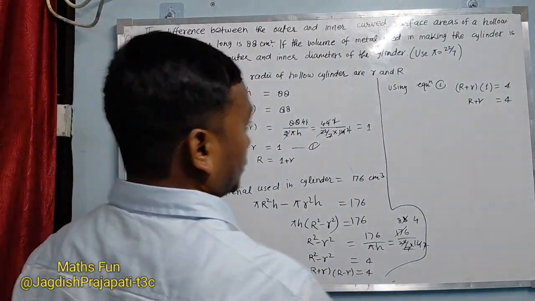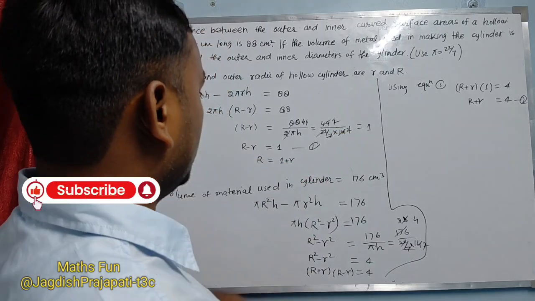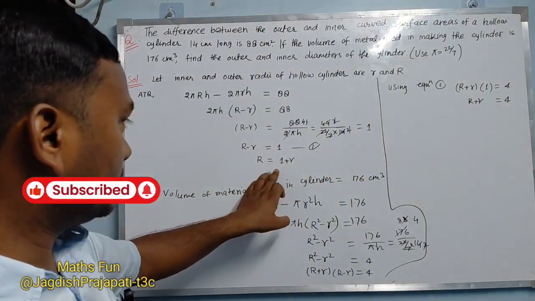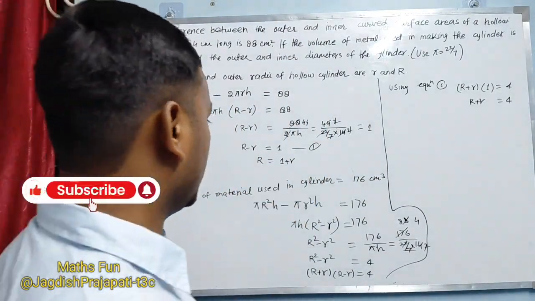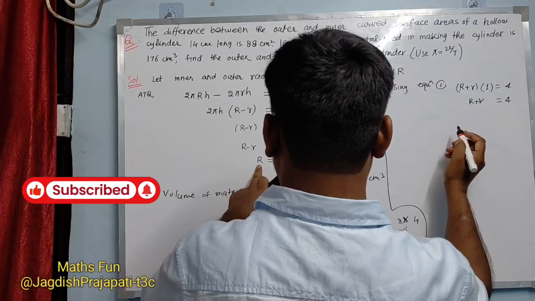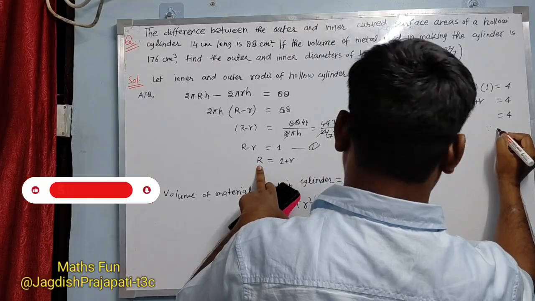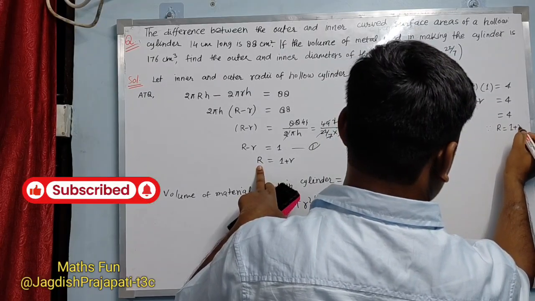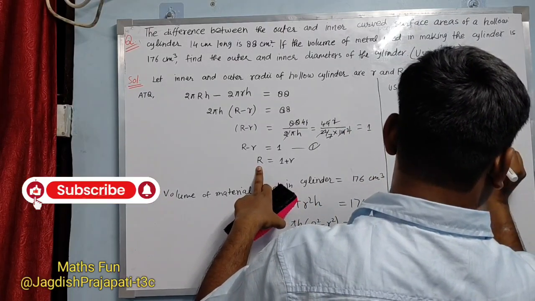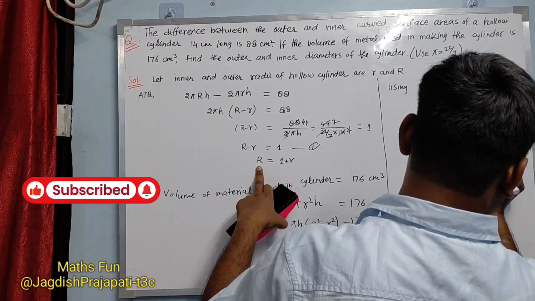Now you can put the value of capital R, since capital R equals 1 plus r. So this will be 1 plus r plus r equal to 4, so 1 plus 2r equal to 4. 2r will be 4 minus 1, that is 3.